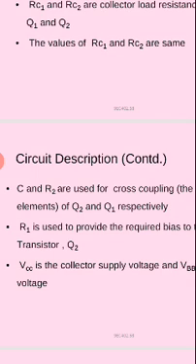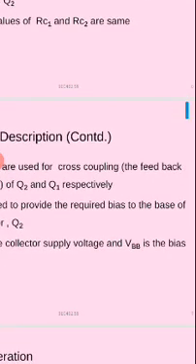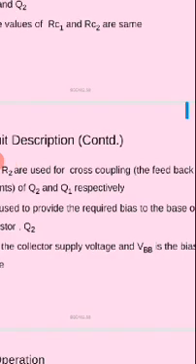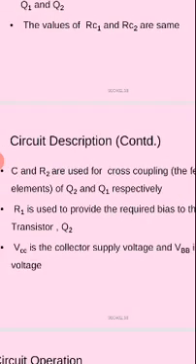VCC is the collector supply voltage and VBB is the bias voltage.